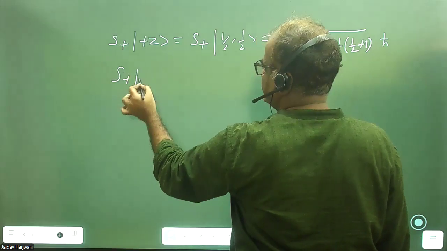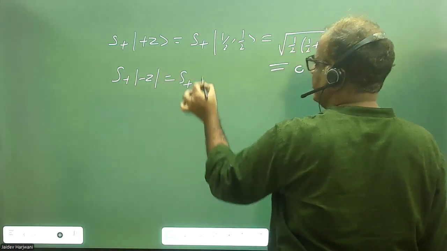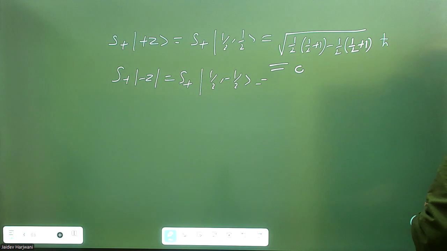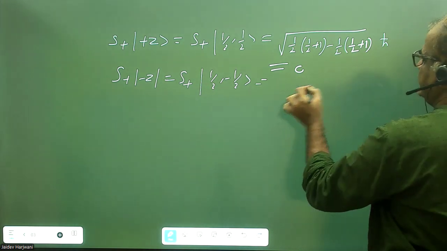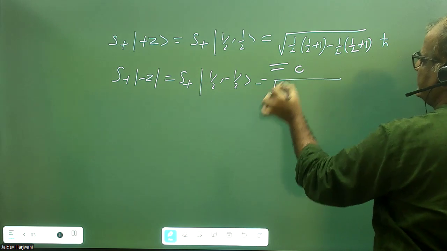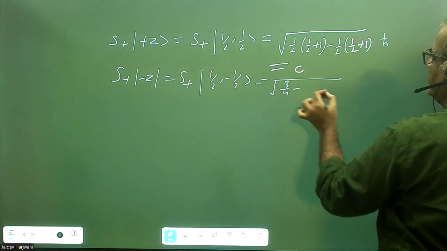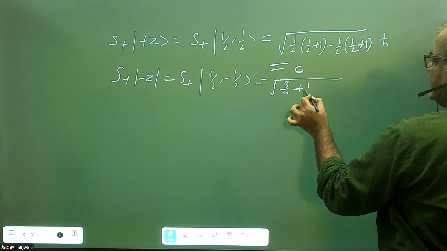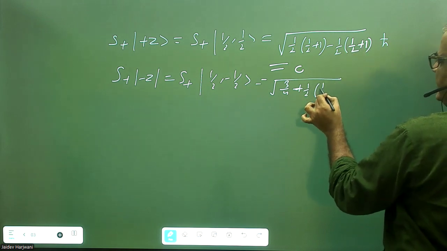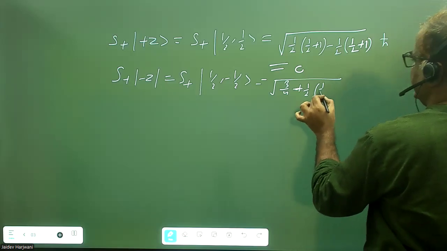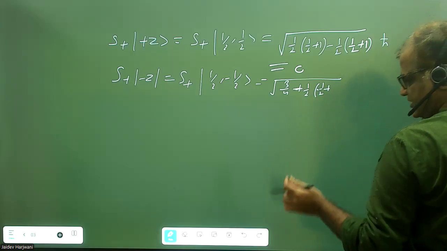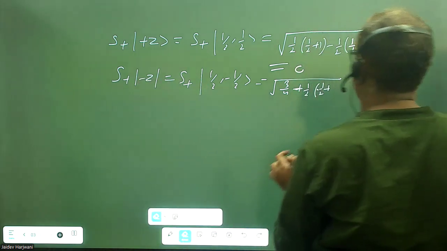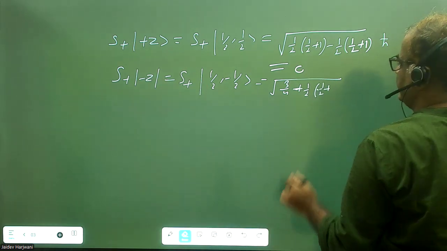And when S plus operates on the minus Z state, that means S plus operates on |1/2, -1/2>, here the factor is 3/4 minus m(m+1) with m equal to minus half, so minus half plus 1.